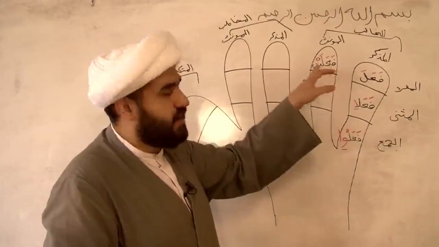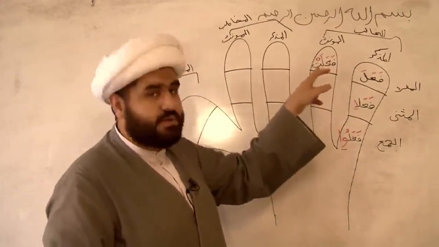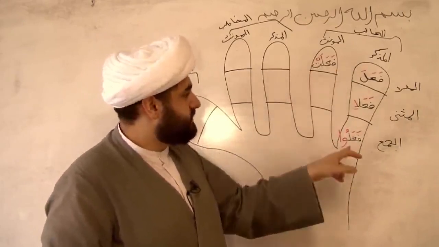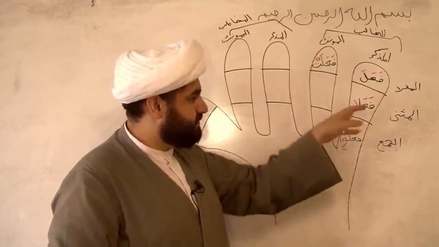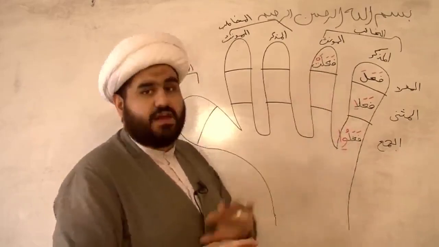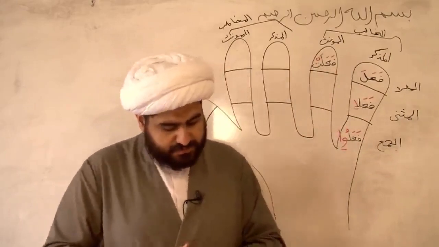So this ta is not a pronoun. That's why I intentionally did not write it with the red marker, so that you don't confuse this ta with the pronouns. This ta is not a pronoun. It's just an indication of this word being feminine.